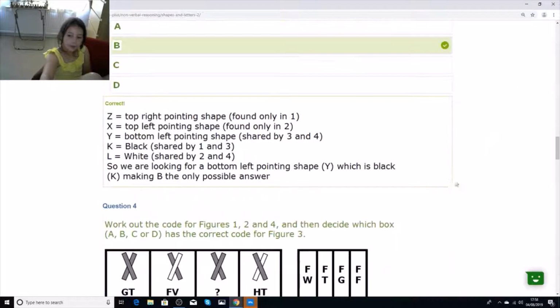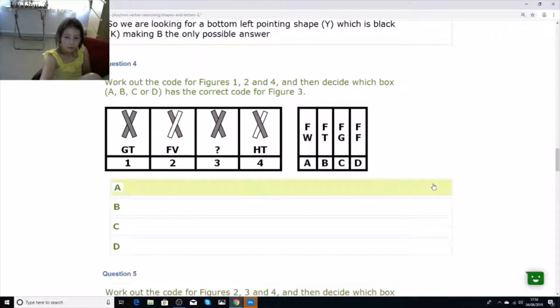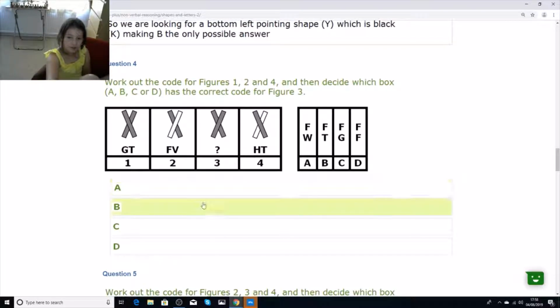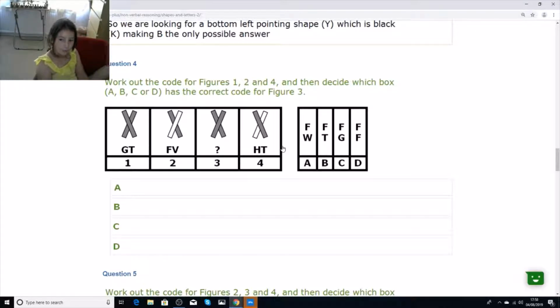Question 4. So in here there are 2 different lines crossing over to make sort of an X shape. So what do they have in common? Well, I guess that the first thing is the colour, because none of them have the same colour, except from 1 and 3.